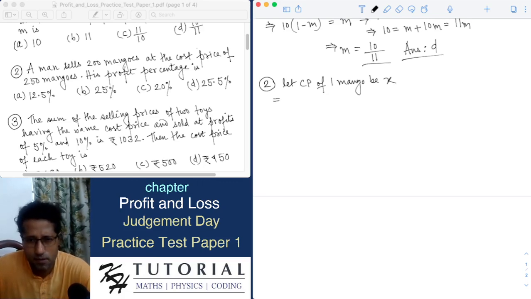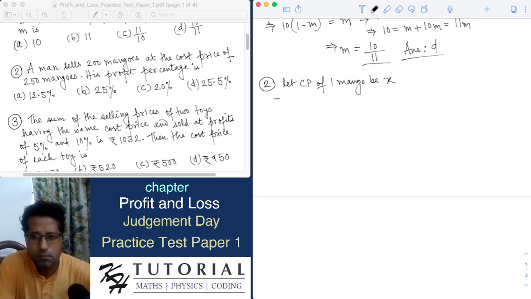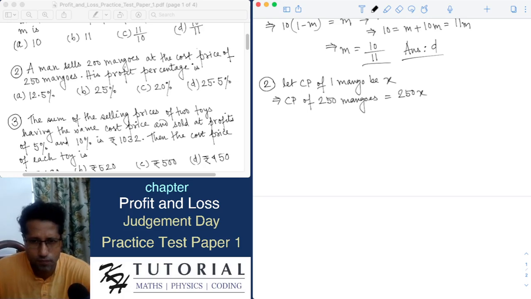This implies cost price of 250 mangoes is equal to 250x, because we have assumed the cost price of one mango to be X. So cost price of 250 mangoes is 250x.